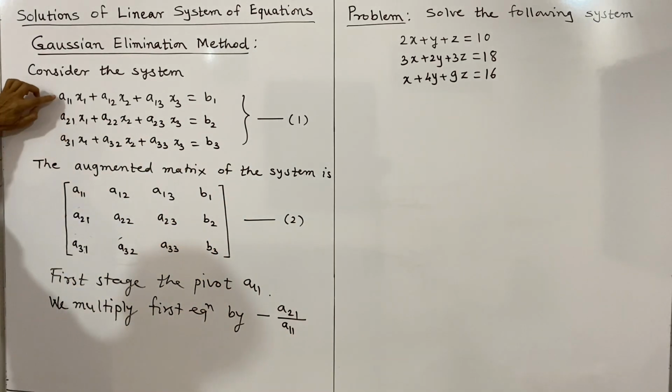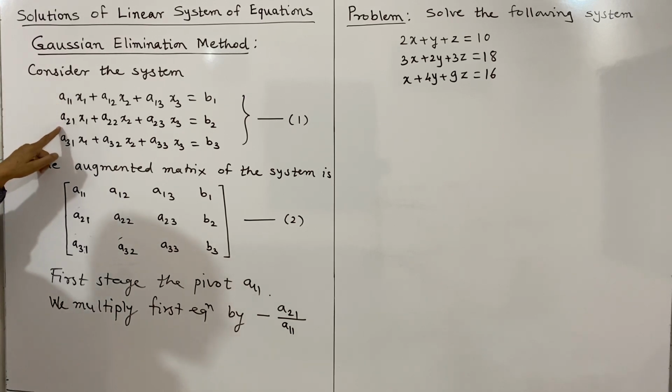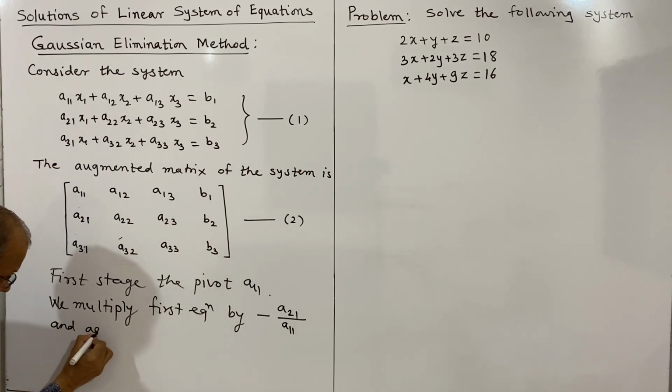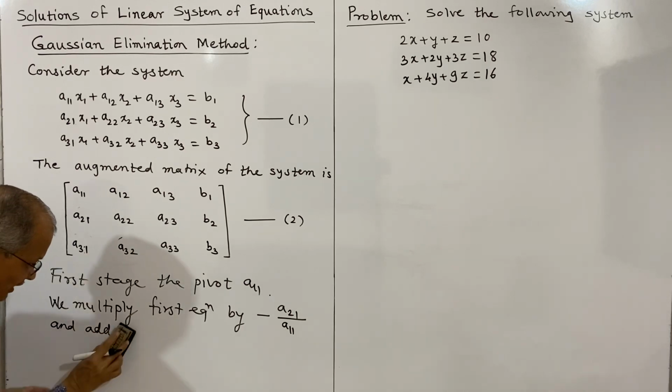See, if you multiply the first equation by minus a21 upon a11, then the coefficient will become negative a21, and then add it to the second equation, so that this term will be eliminated.